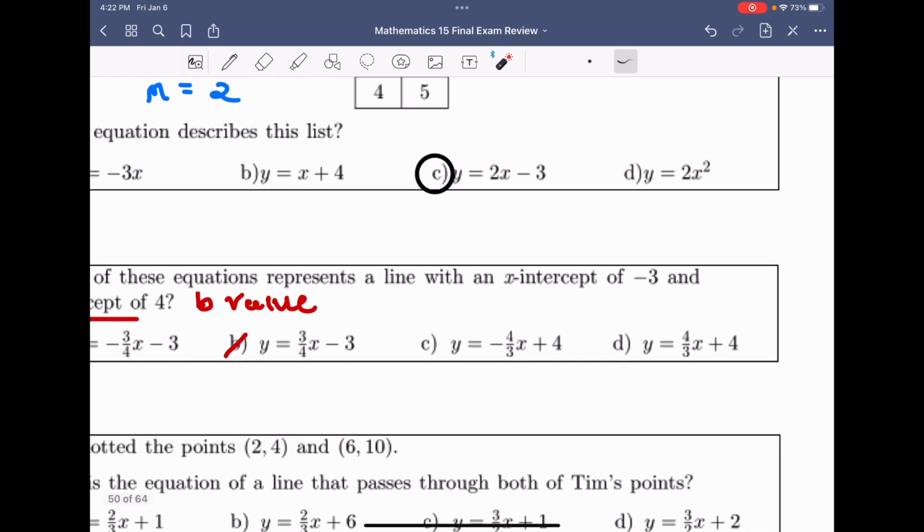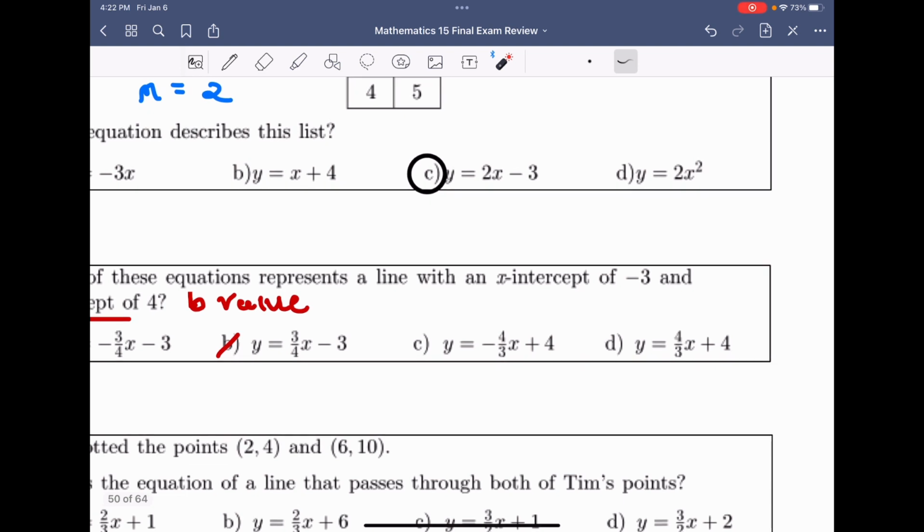Now we're looking at C and D, and we want to say which one has an x-intercept of -3. Well, we just have to do a little bit of algebraic work here. For both of these equations, what you have to do is say, okay, y is equal to 0, which leaves me with 0 = -4/3x + 4. Now we're going to multiply both sides by 3.